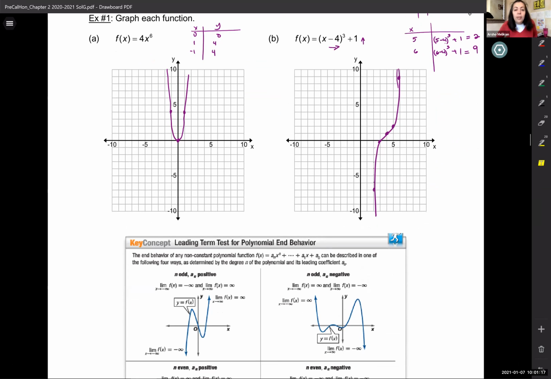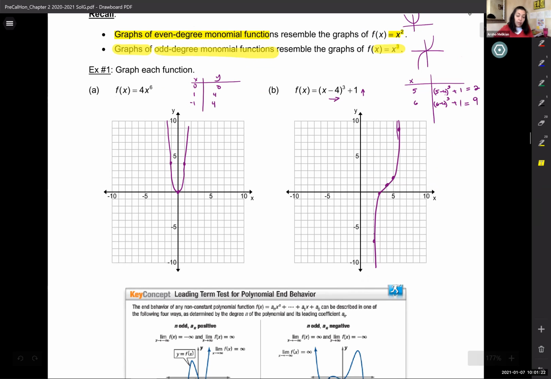So let's talk about end behavior. When we graphed the monomials last time, right, it was just monomials. We said that for an even exponent like this, both ends, the end behavior was either both up or both down, remember?